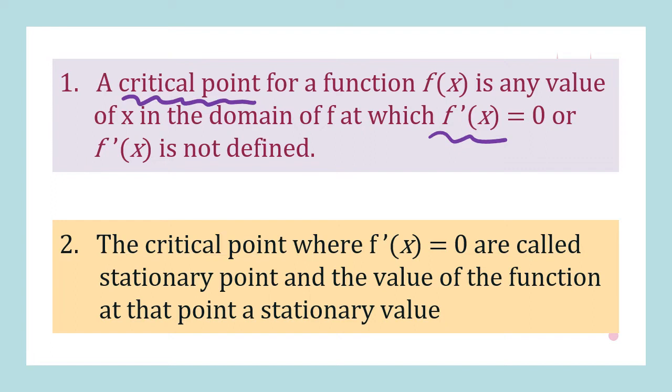And the critical point where f prime x equals 0 are called stationary point. And the value of the function at that point is a stationary value. Means that the value of x where we substitute into the function.